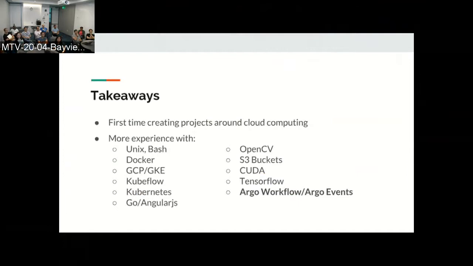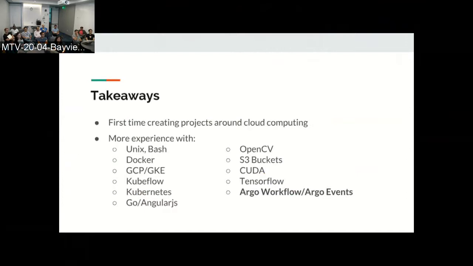So the takeaways: we learned a lot of things here, and this was our first ever time using any cloud-oriented thing. We learned a lot of Unix and Bash because we were constantly inside of a shell, and then we learned how to use Docker. It took weeks. We used Google Cloud a lot and GKE.